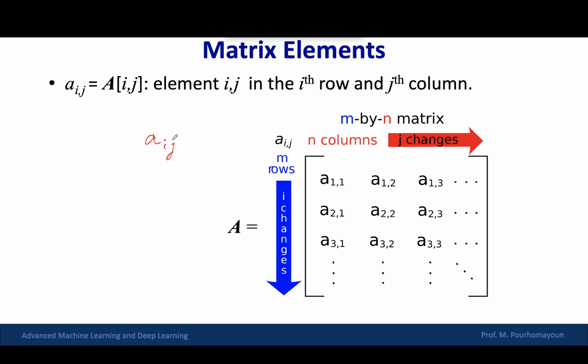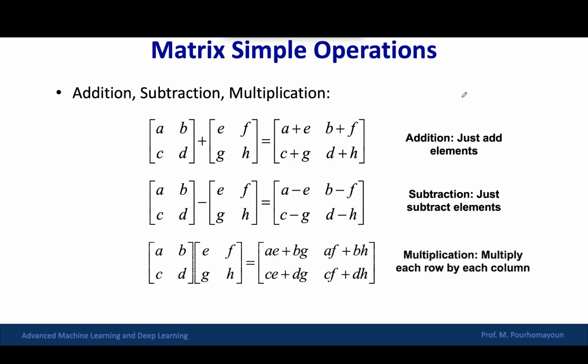So Aij means the element of the matrix in row i and column j, okay? Row i and column j. You are familiar with different operations on a matrix, so summation or addition. For matrices, it is element-wise summation. Subtraction is also element-wise.